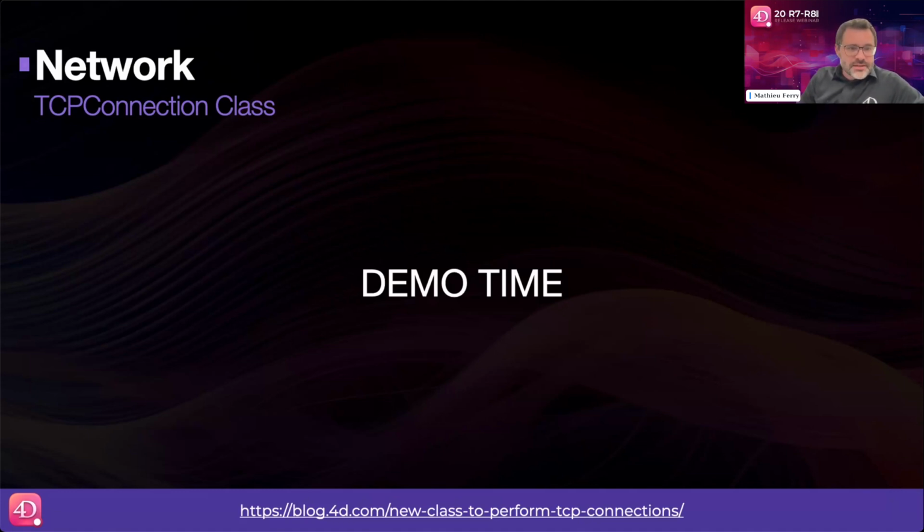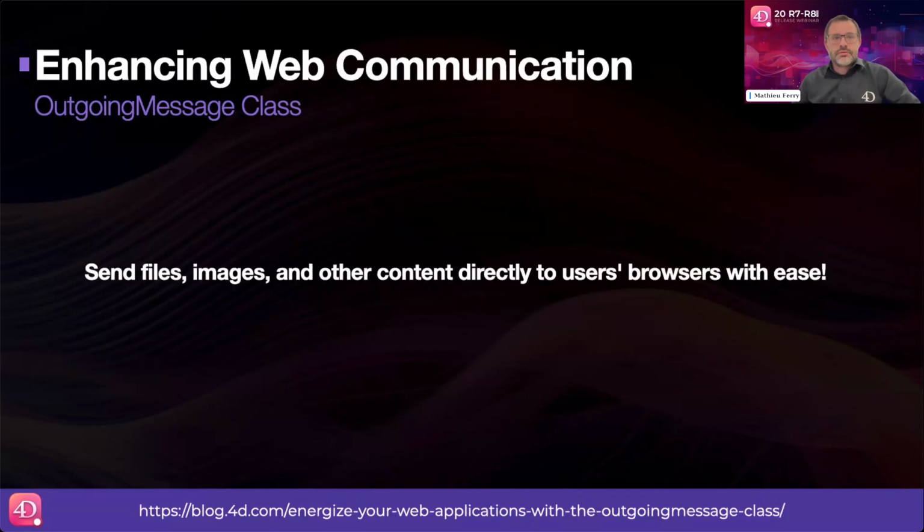Let's still continue with communications. We have two big new features. The first one is the outgoing message class for enhancing web communications. So with 4D 20R7, we are making web applications development even more powerful.